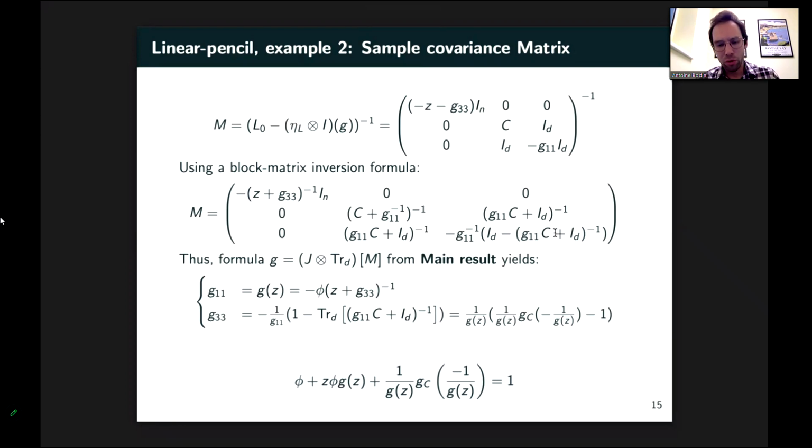I won't go much more into the details, but what I want to stress here is that once you solve everything, what you get back is an expression that gives you precisely what I was looking for.